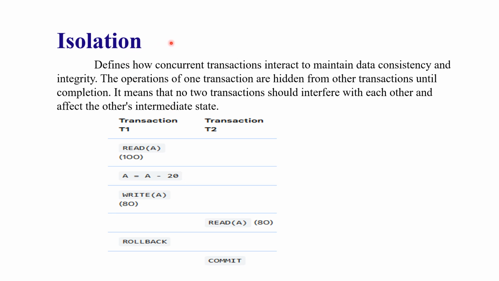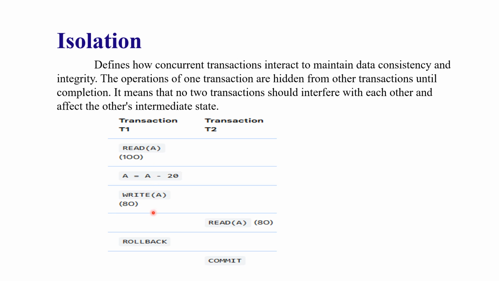Now coming to isolation. The term isolation means that whenever there is parallel execution of two transactions dealing with the same data item, they should be arranged in such a way that the data item in one transaction does not affect the data item in another transaction. If we observe the example here, we are performing the read operation in transaction 1 as well as in transaction 2.